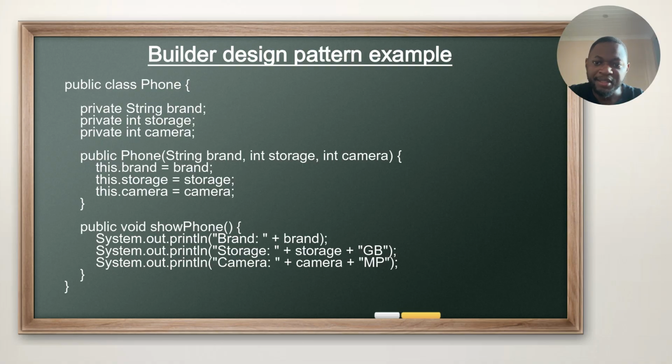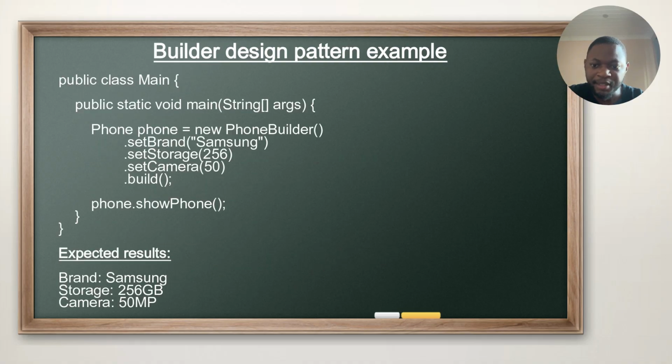We're just printing out the attributes in a proper way. That's why the expected results are as shown here when we try to invoke the show phone method. Next we'll be coding this example. And when we code stuff, things start to make a whole lot of sense.